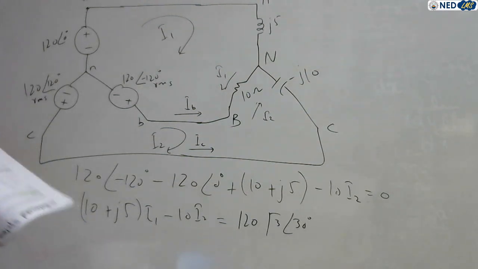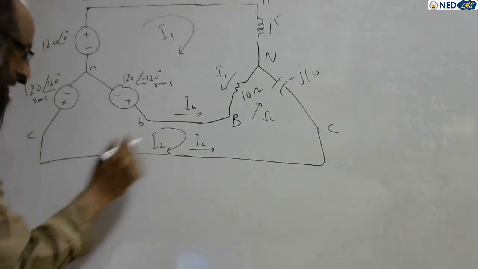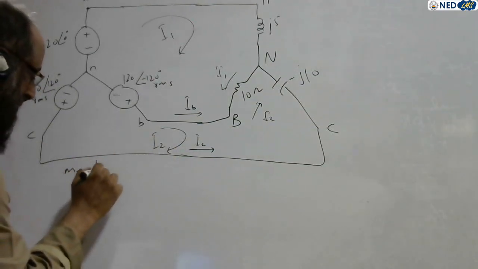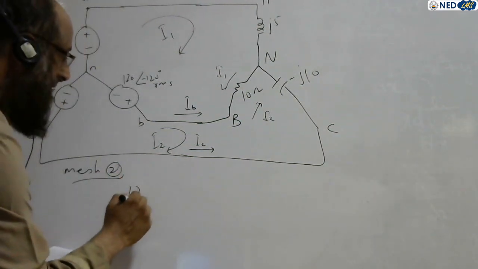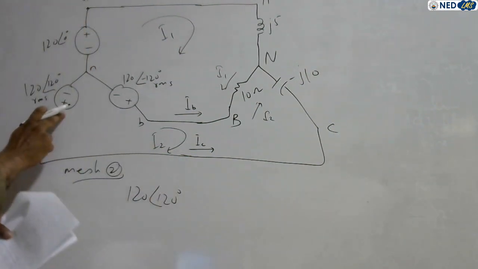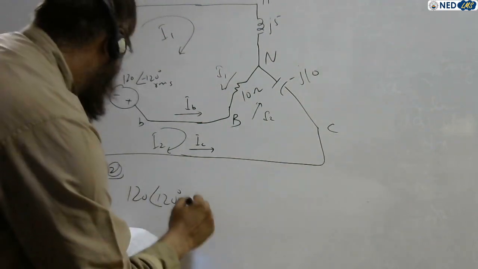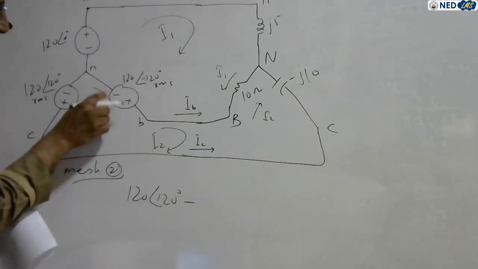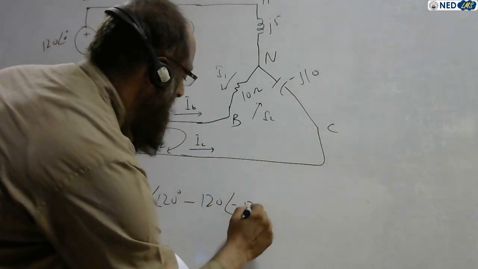Similarly, for mesh 2, that is this one, what is the equation? It is 120 angle 120 degree. The current enters into the positive terminal, so 120 degree. Then this current enters into the negative terminal, then minus 120, and the angle being minus 120.